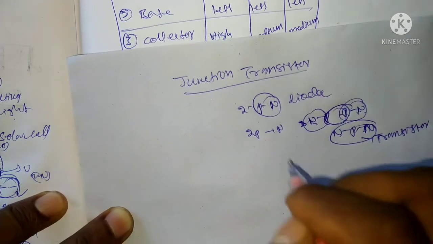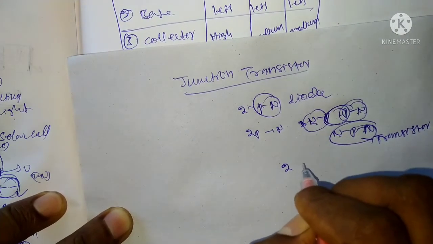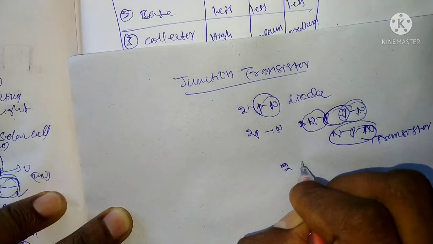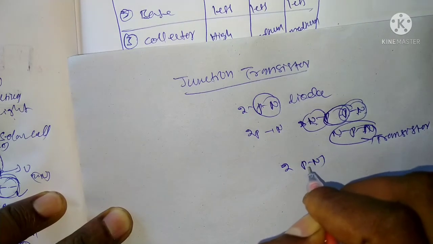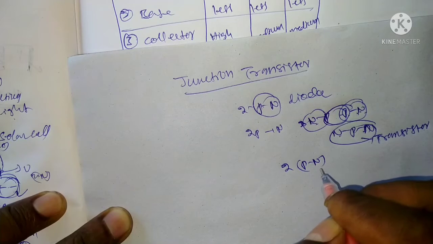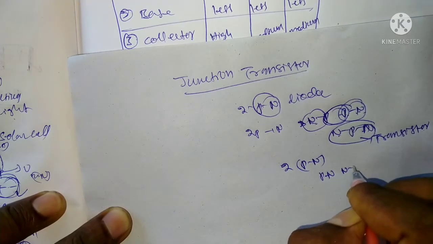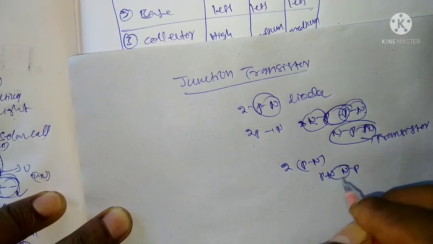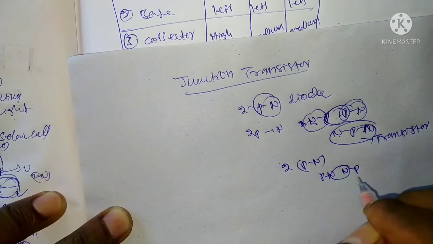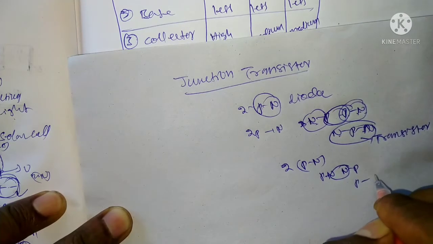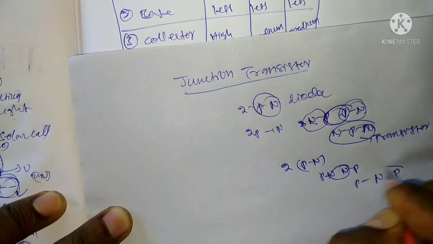Suppose there are two diodes, a PN diode and an NP diode, where this N is common. Two P diodes are sandwiched with an N-type diode in between.